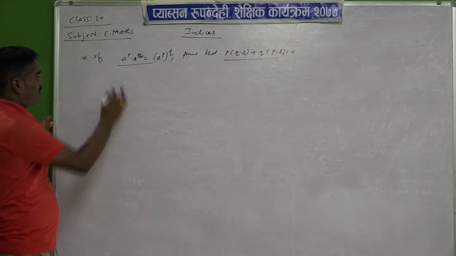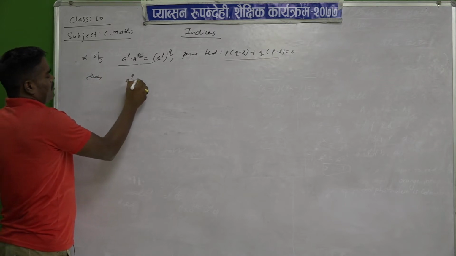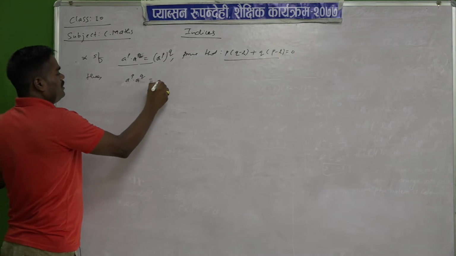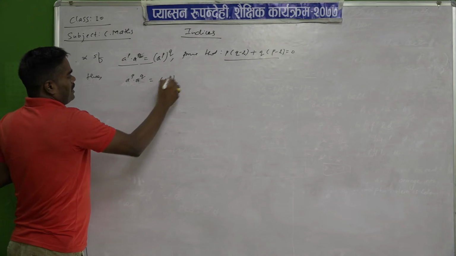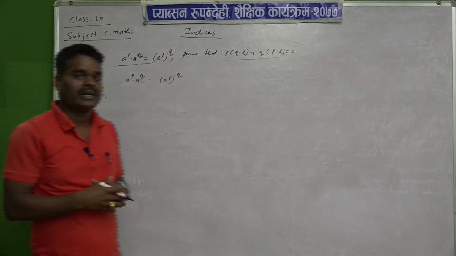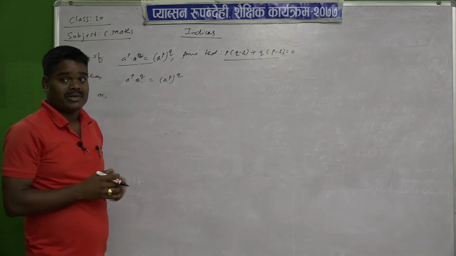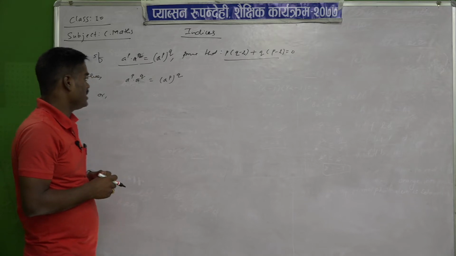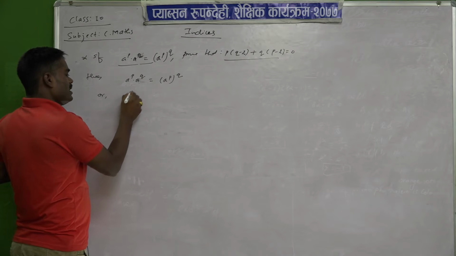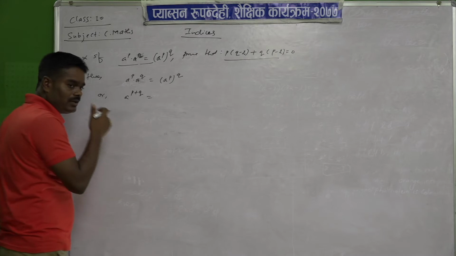So let's see, first solve this condition. Here a power p into a power q equals a power p whole power q. You know the rule very well. What is the rule? If bases are the same, then powers are added. So here the base is a, and the powers are p and q. So p plus q equals, and here what is the rule?